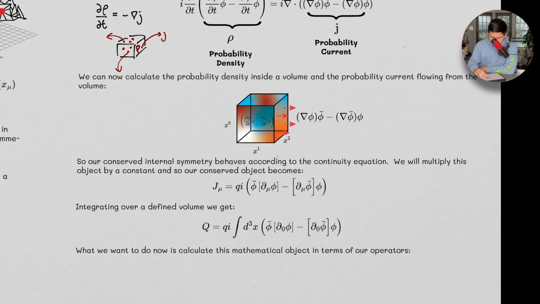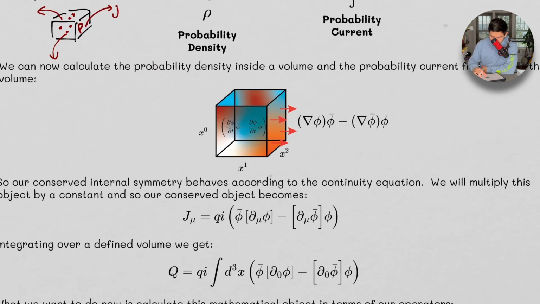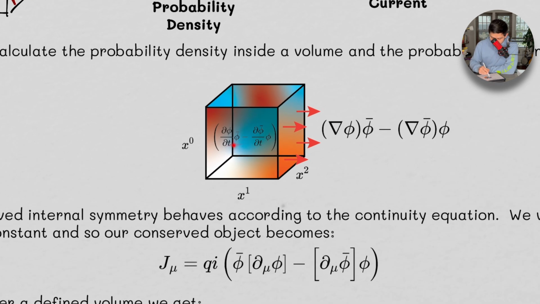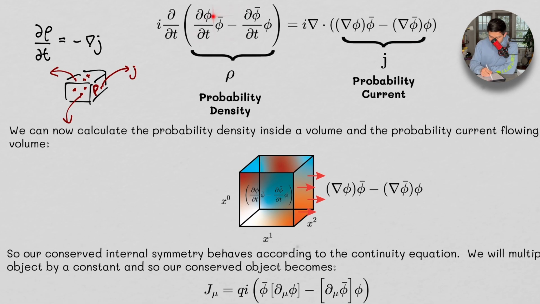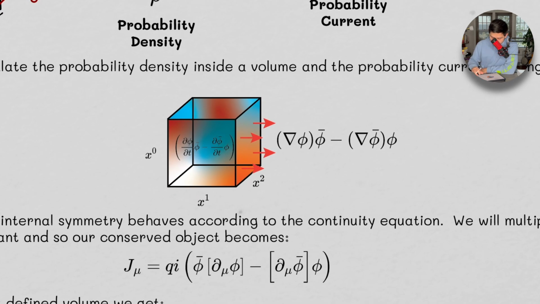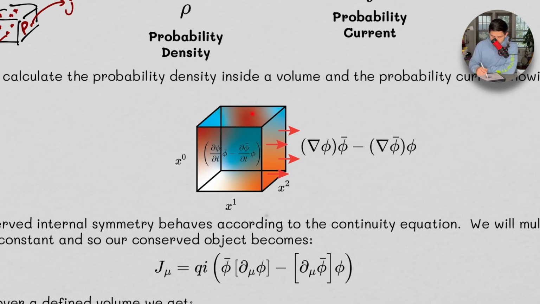We can think of this pictorially as what I've just drawn, but a little more sophisticated: we have this volume. Inside the volume, we can calculate the probability density by this equation. And then we can also calculate the probability current. The probability current is the probability of there being current outside of this density. And this is a three-dimensional scalar field.